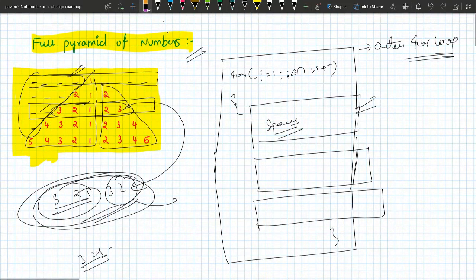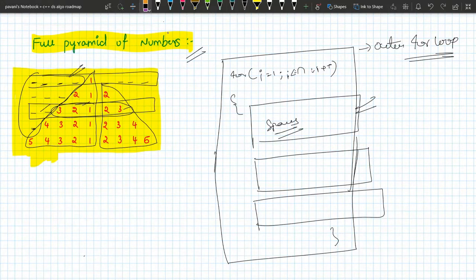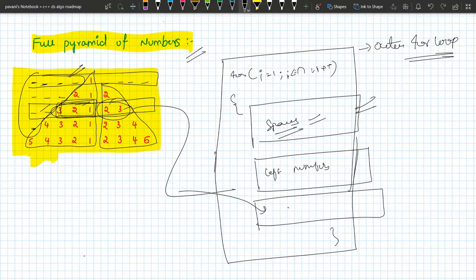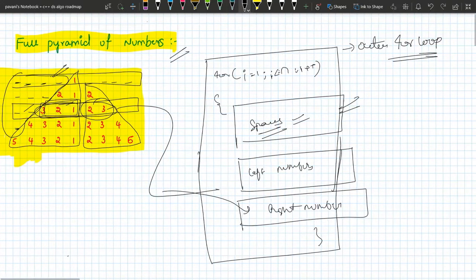So we have to depend upon 3 loops. First is for printing spaces, next is for printing the left side numbers, and the third one is for printing the right side numbers.